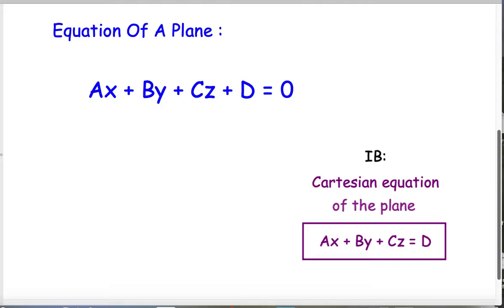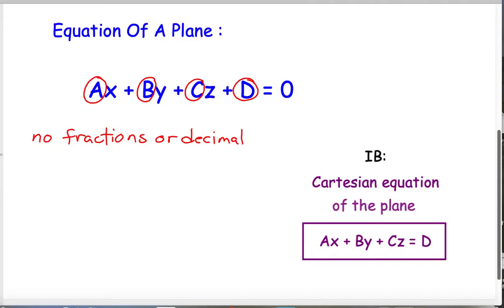Now, there is one thing that's important, and we need to look at these coefficients and this constant term D. First of all, we shouldn't have fractions or decimals. If you have fractions, multiply by the least common denominator to cancel all those fractions.